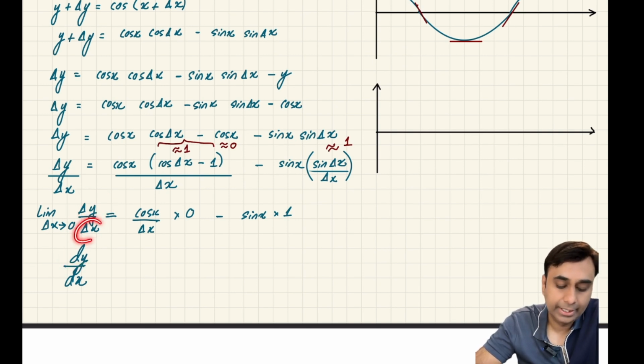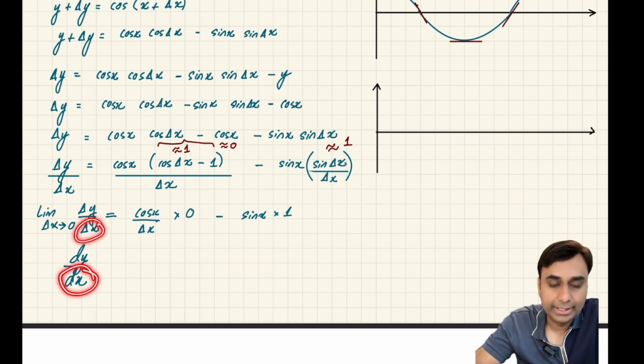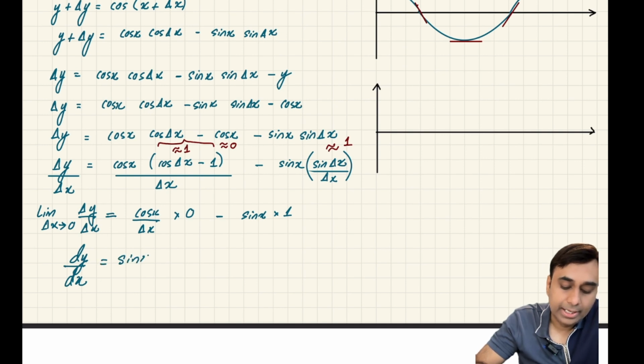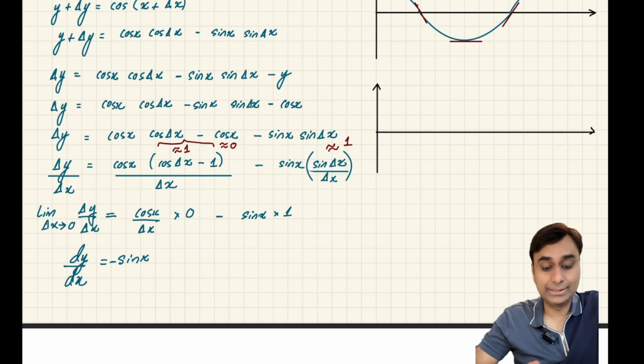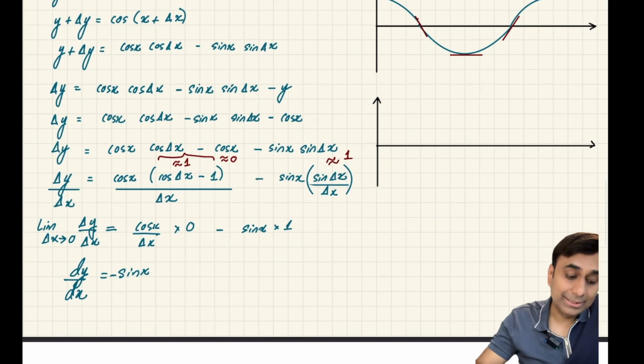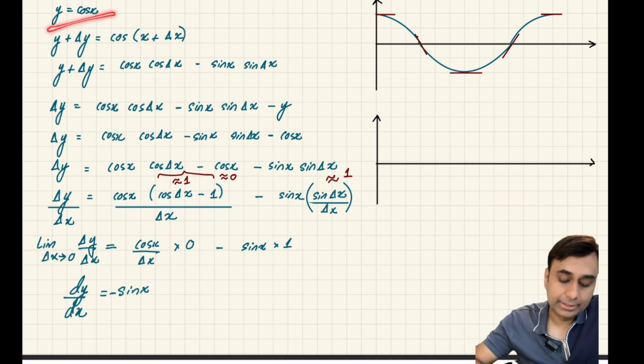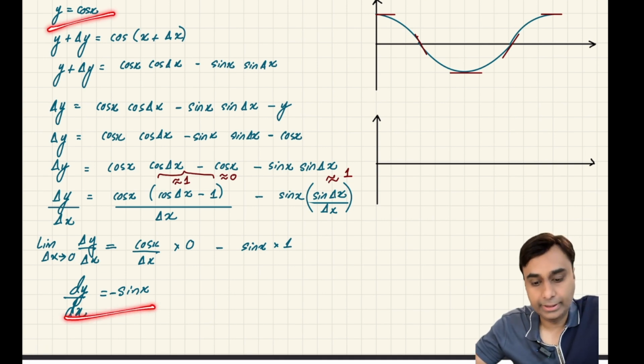And similarly, delta x is any change in x, but dx is a very small change in x. So I get dy by dx, and that's coming out to be negative sine x. This tells me that mathematically, if the original function is cos x, then its gradient function is going to be negative sine x.